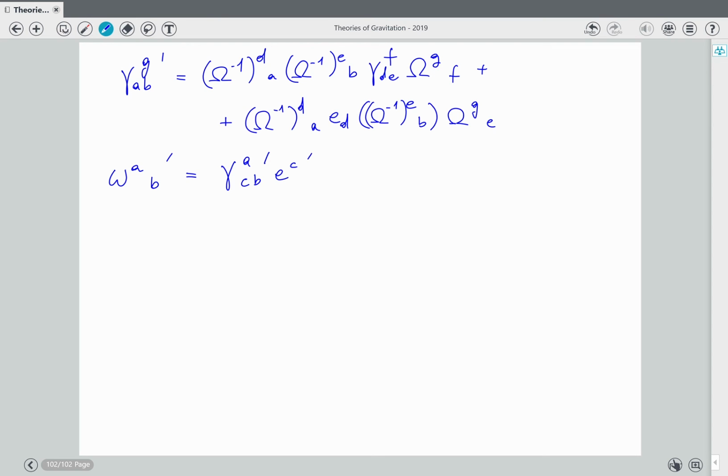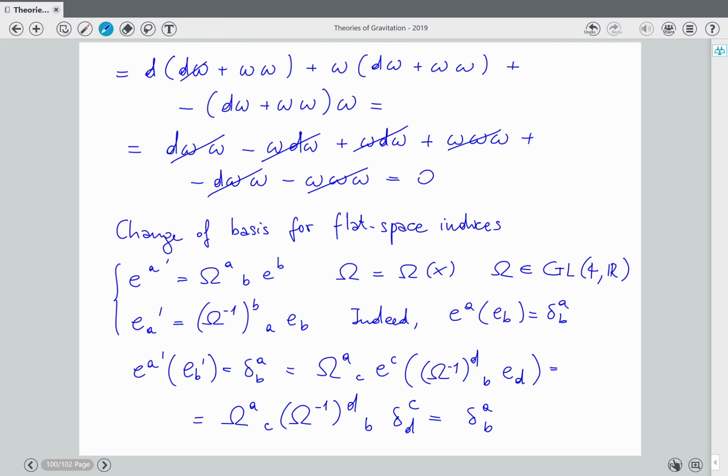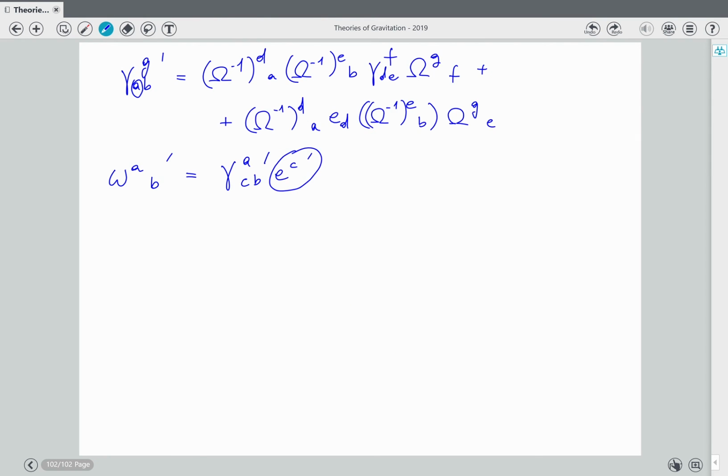We can simplify something, because as you see we are contracting this index with an E prime, but an E prime brings an omega that cancels this omega minus 1. And we have the omega minus 1 both here and here. So that's a simplification.